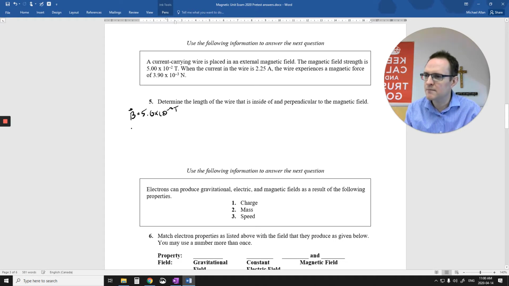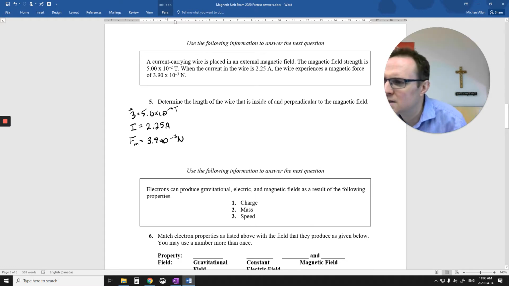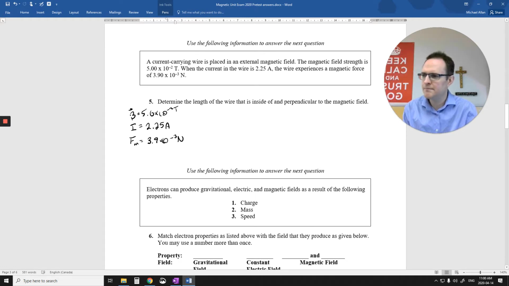We know the current, so that's my I, 2.25 amperes. So that doesn't have to be changed, which is good. We know the magnetic force experienced is 3.9 times 10 to the negative 3. Okay, sounds pretty good. Then it just says determine the length of wire.